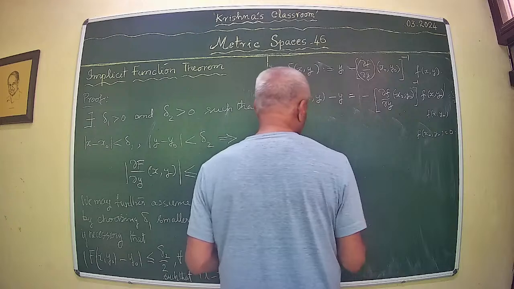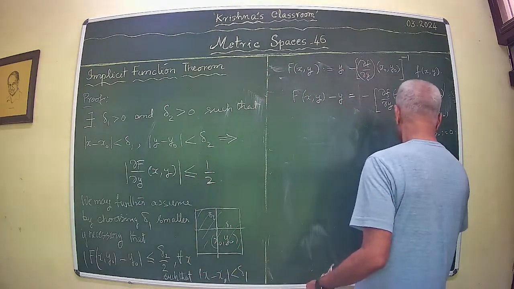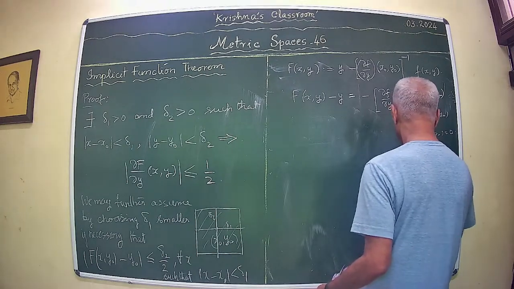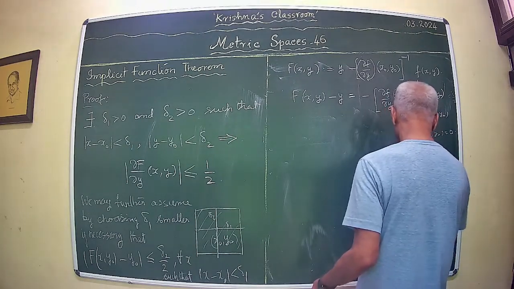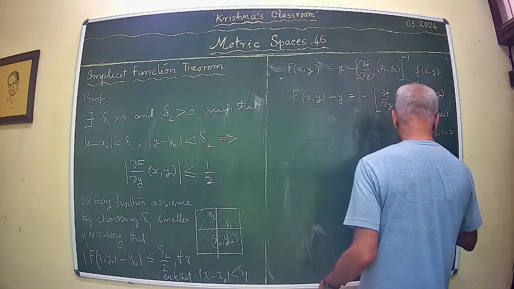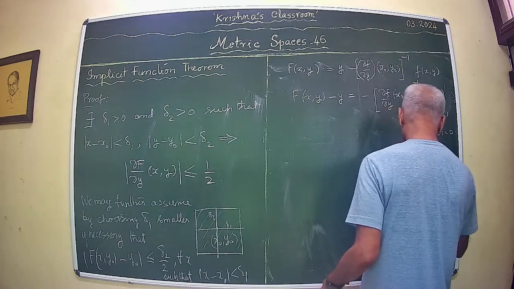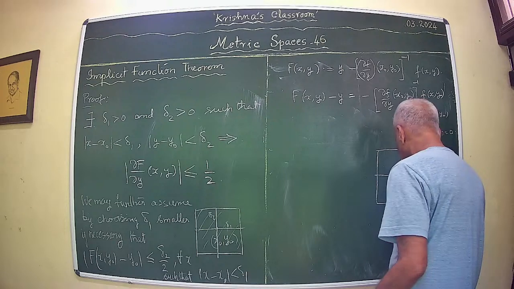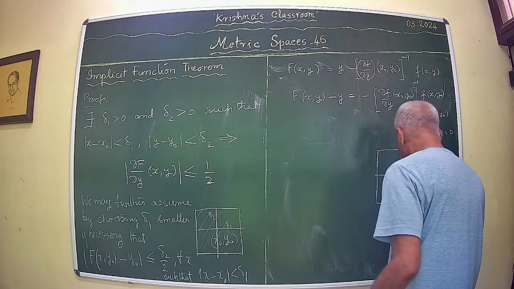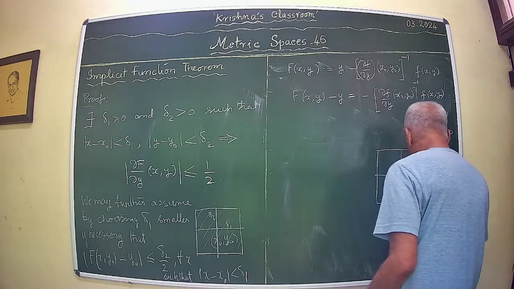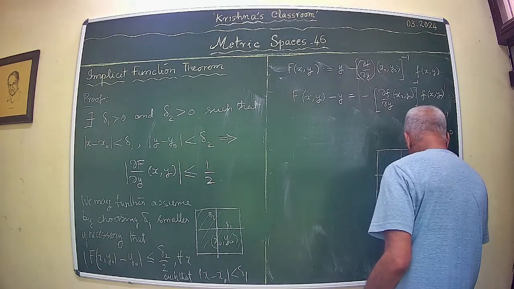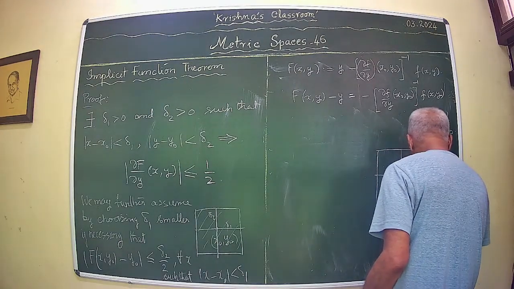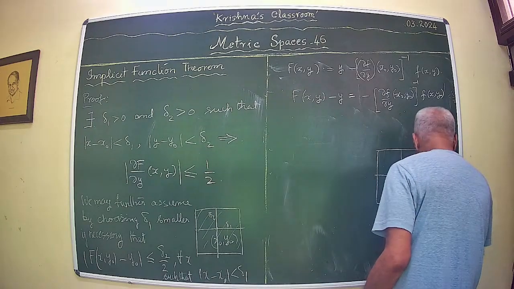So we have now arrived at the point x naught, y naught, and then you have a rectangle surrounding this, and this is essentially mod x minus x naught less than delta 1, mod y minus y naught less than delta 2.